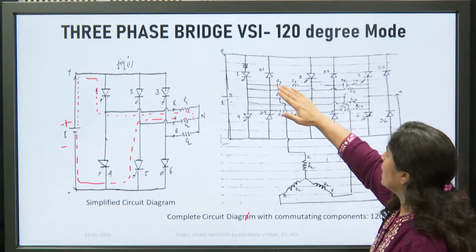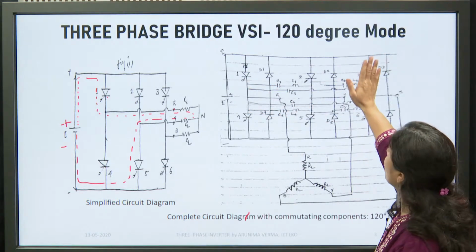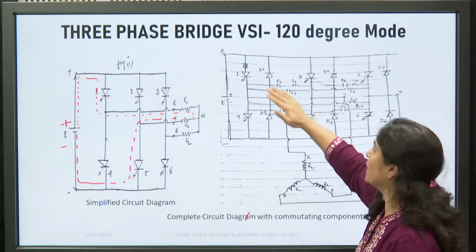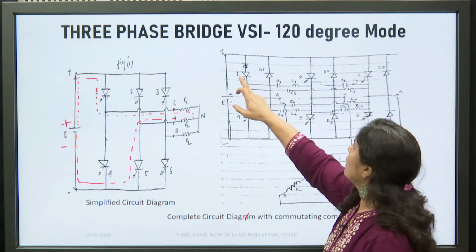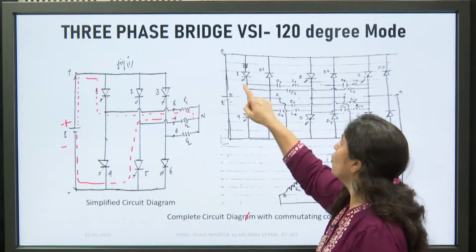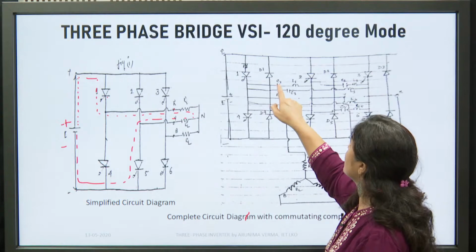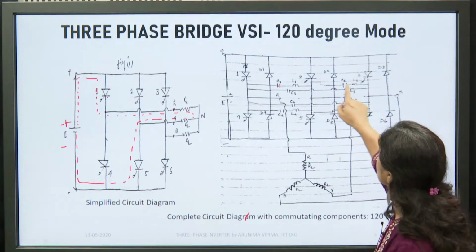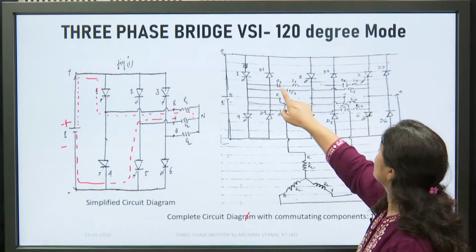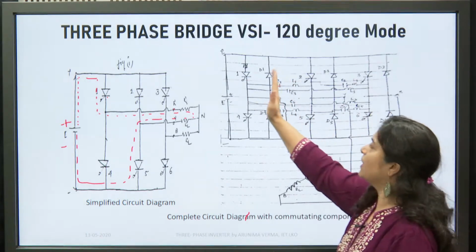SCR 1, 2, 3 are of the upper leg, and SCR 1 is conducting during period OA. When SCR 1 is conducting, C1 and 3 are getting charged, C1 with left plate positive.